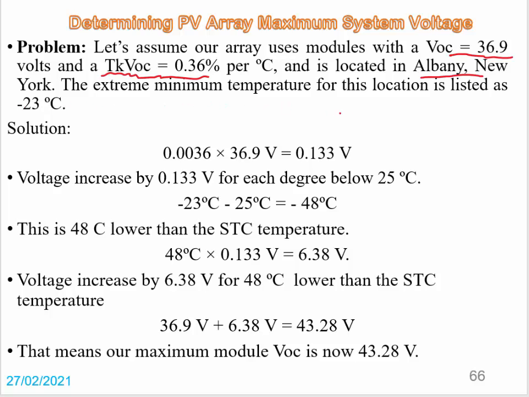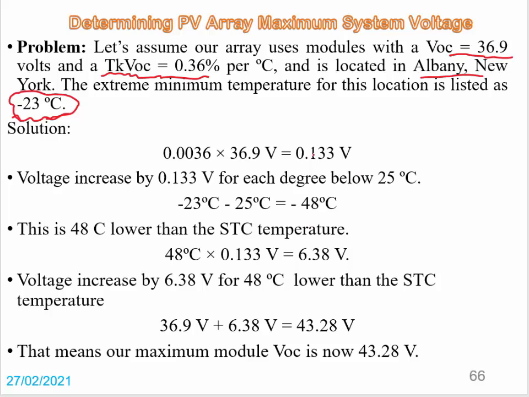The extreme minimum temperature for this location is listed as the lowest temperature of the day, which is equal to minus 23 Celsius. So we should be careful with this value.